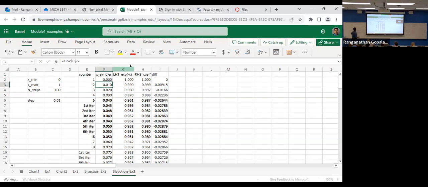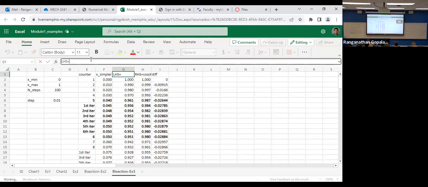Now, if this is my function, I'm trying to determine the real roots of f of x equal to 0. So my left side is f of x, right side is 0. In order to keep my program very general, I'm just going to write LHS is the function that I'm interested in: minus 26 plus 85x minus 91x squared plus 44x cubed minus 8x power 4 plus x power 5.